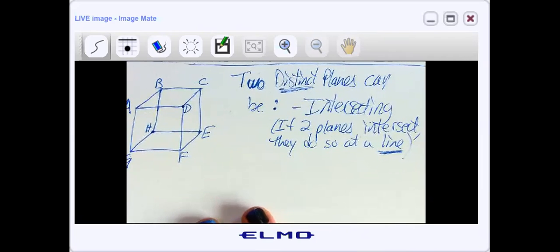All right, so if I have 2 planes, they can intersect each other. Do 2 planes have to intersect each other? That's my next question. If you have 2 separate planes, do they have to intersect? What do you guys think?